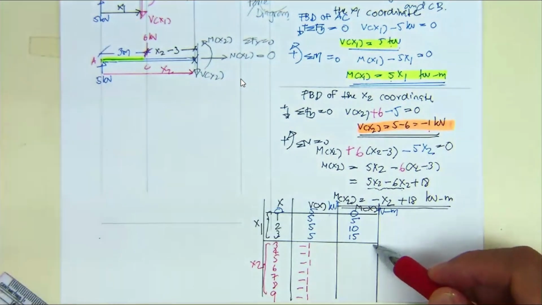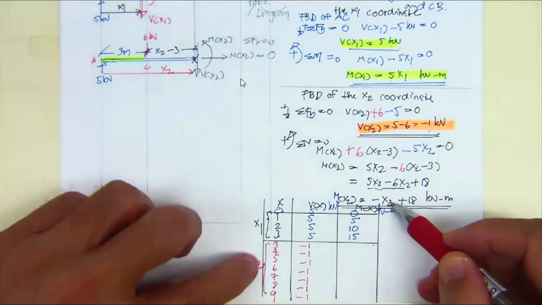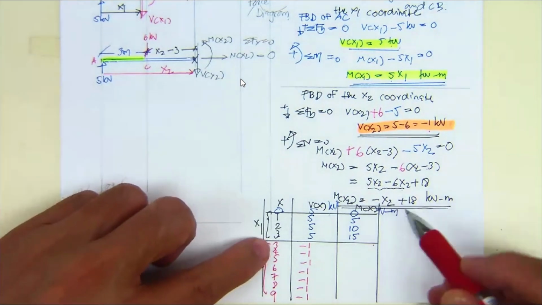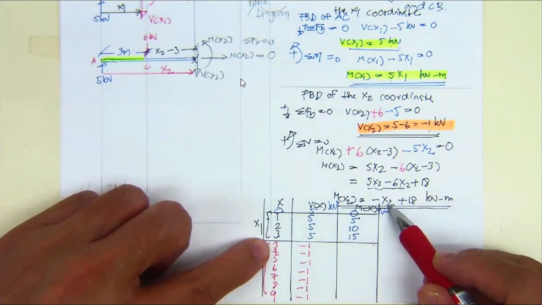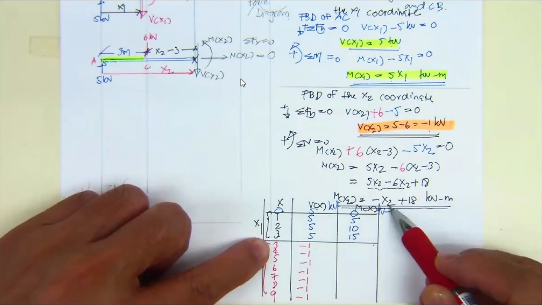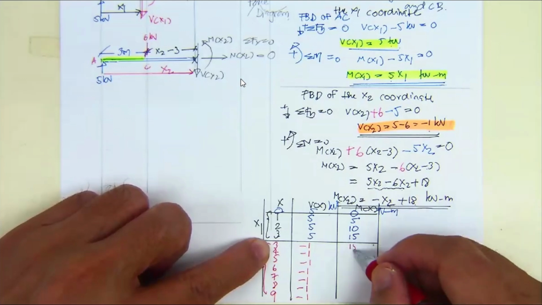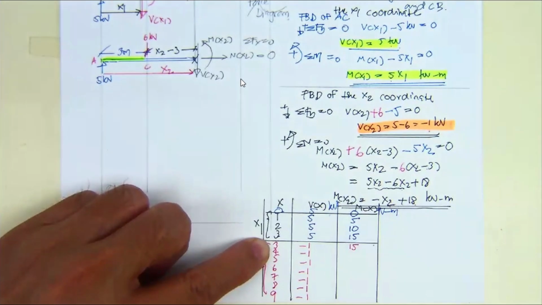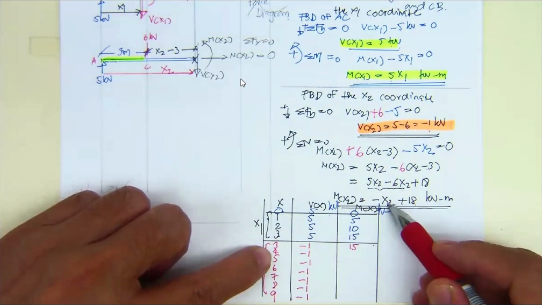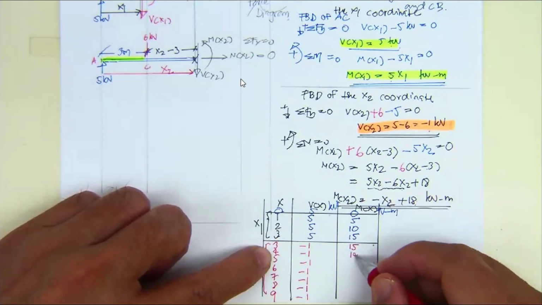Now, let me move to this one. This M sub x is minus x2 plus 18, for this region. You start with minus 3 plus 18. Minus 3 plus 18 is what? It's going to be 15. And then come to this one. Minus 4 plus 18 is going to be 14.